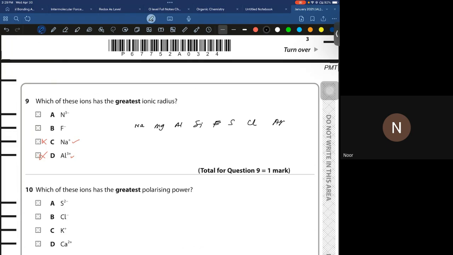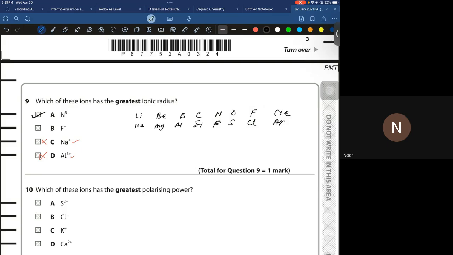And in the second period, lithium, beryllium, boron, carbon, nitrogen, oxygen, fluorine, neon. So this is nitrogen and this is fluorine. I told you that the size is going to decrease. So of course, fluorine would have the lower size. So nitrogen is going to have the greatest ionic radius. That's why option A is correct.